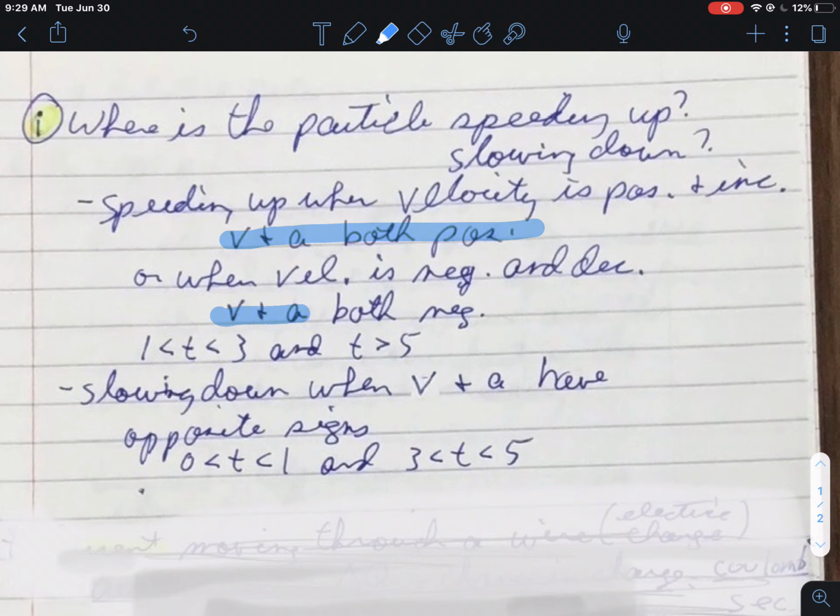Or when both velocity and acceleration are negative. So we're moving in the backward direction, acceleration being negative, it's pulling me in that direction even faster. Right? So bottom line, if velocity and acceleration have the same sign, you're speeding up. And so then vice versa, if velocity and acceleration have opposite signs, you're slowing down.